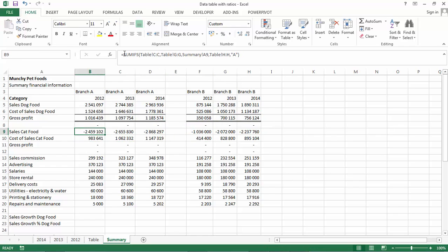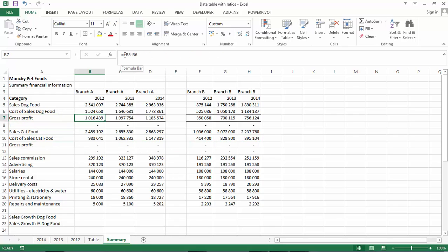Likewise for our cat food, we're going to change the sum of the sales to positive for branch A, and then for branch B, change it all to positive. Oops. So equals minus, and there it's all positive.